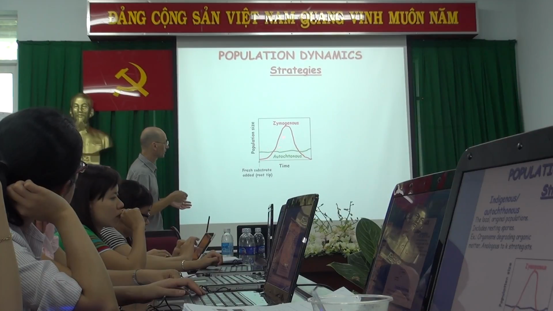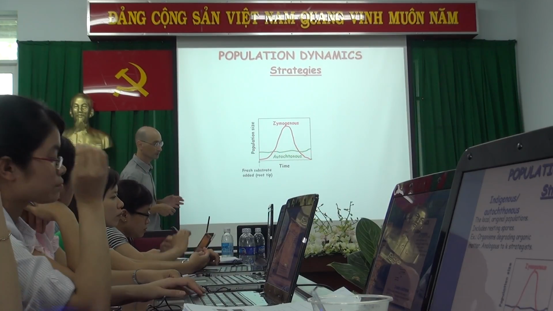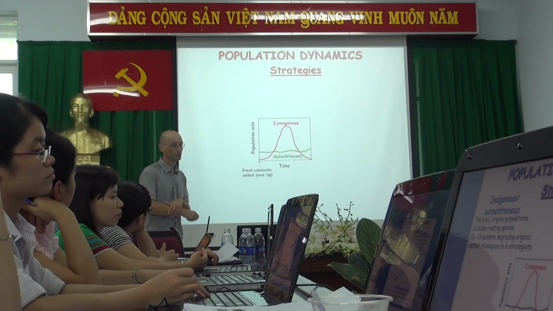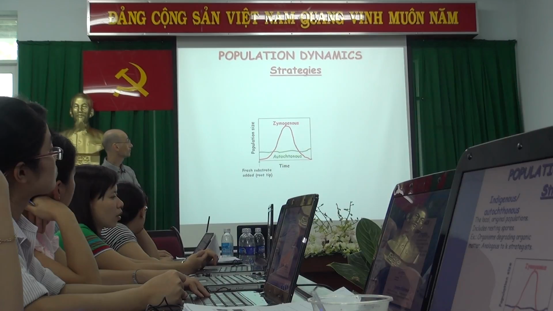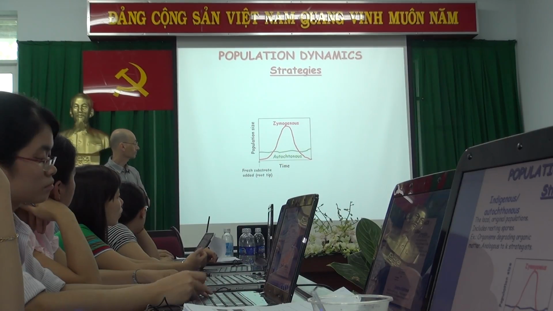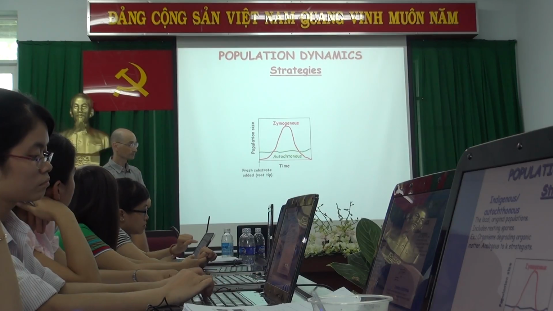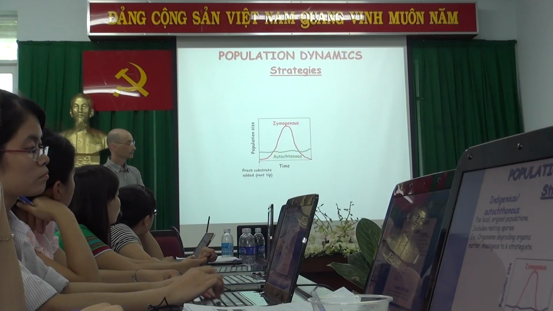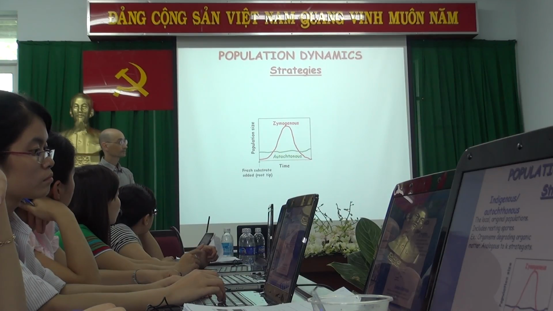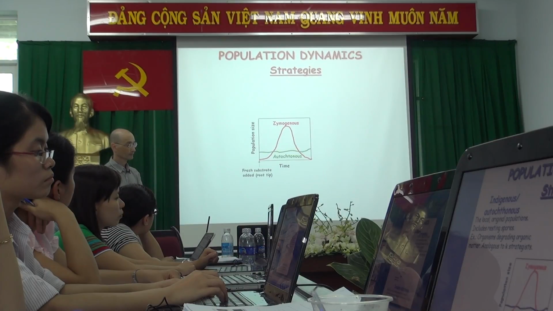One type is called the zymogenous, and the other one is called the autochthonous type of growth strategies. Đây là loại động năng của quần thể, có hai loại sinh trưởng: zymogenous, và loại thứ hai là autochthonous, là tự dưỡng.